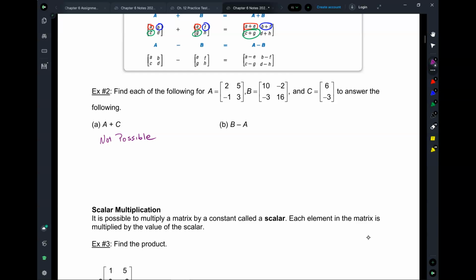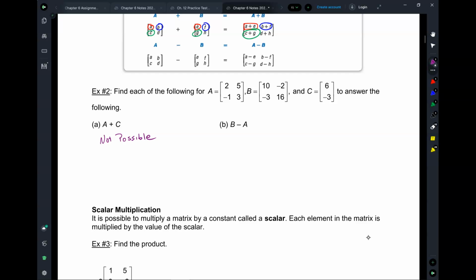Okay, the next one is B minus A. Okay, these two can be subtracted because they have the same dimension. Now, my advice to you when you're doing this, always rewrite your matrices in the order. Okay, I'm so excited I'm yelling. It's exciting.